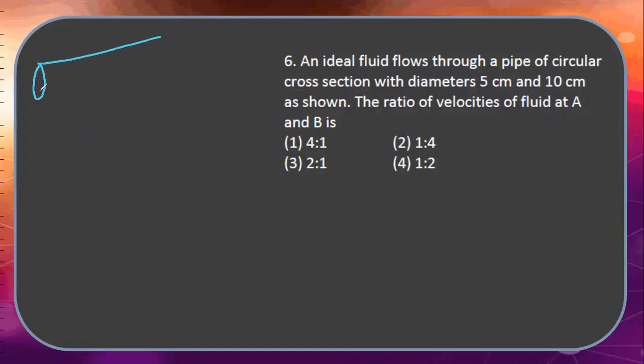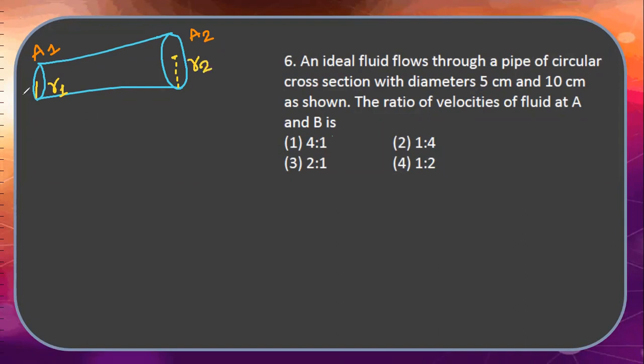This is the pipe of different areas of cross-section. This is the first area of cross-section, and this is the second area of cross-section. They have given diameters, and I am taking the radius. Diameters and radius are proportional.